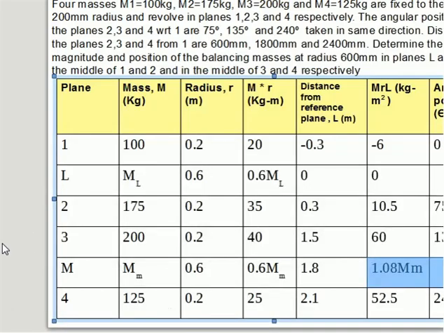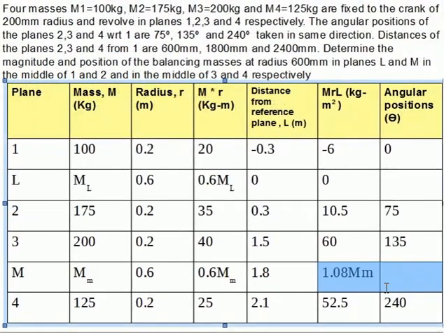So we'll fill the table now. Mm you will get 66.9 kg, and its inclination will be 355 degree.